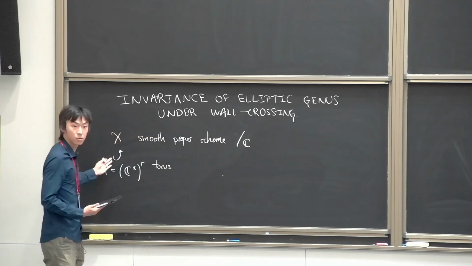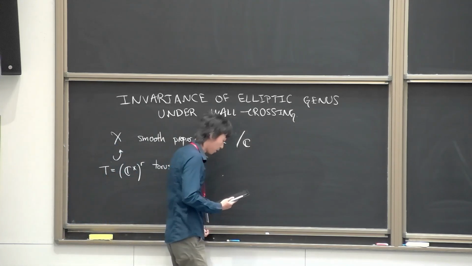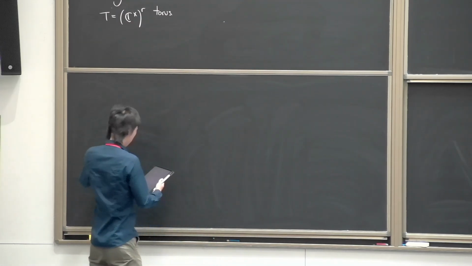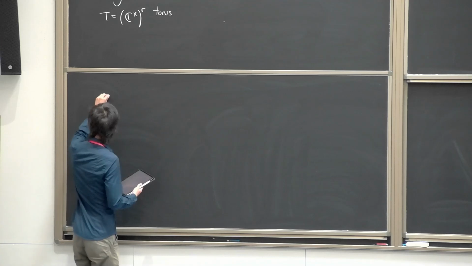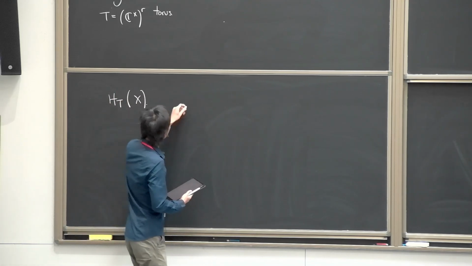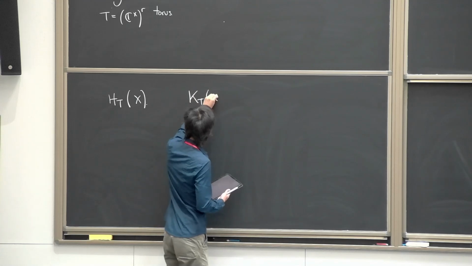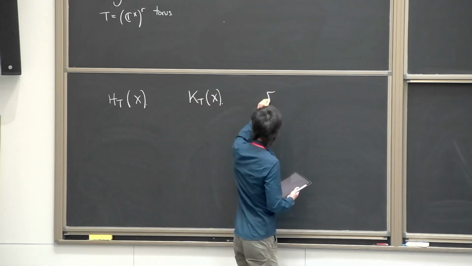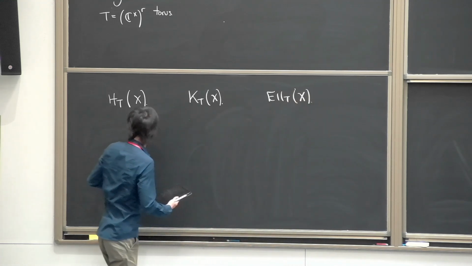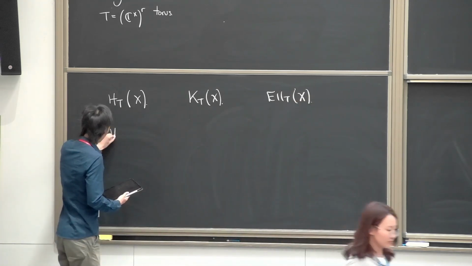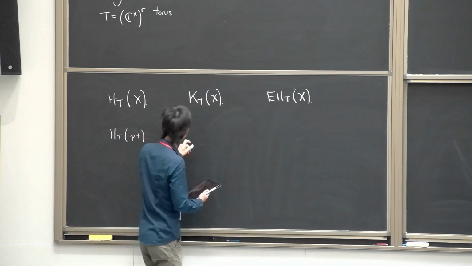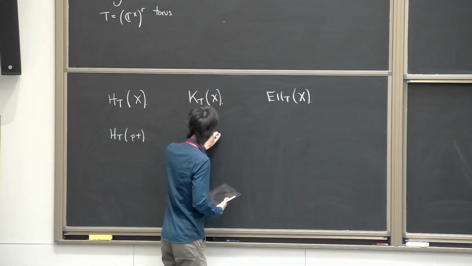And associated to this data, you can think about some equivariant cohomology theories. And essentially there are 3. So you can think about the T equivariant cohomology of X. You can think about the T equivariant K theory of X. And you can think about this thing called the T equivariant elliptic cohomology of X. And these are modules for the T equivariant cohomology of a point, the T equivariant K theory of a point.